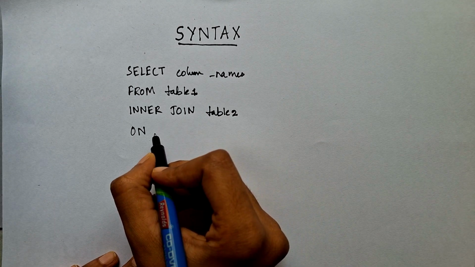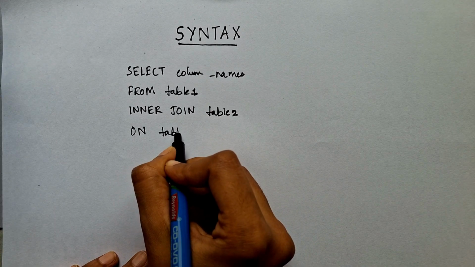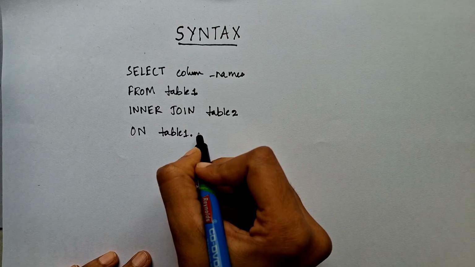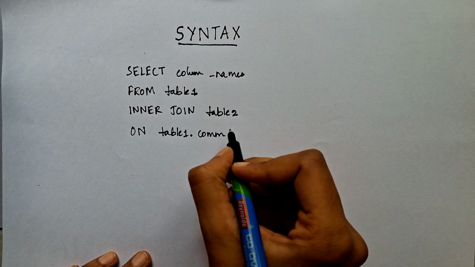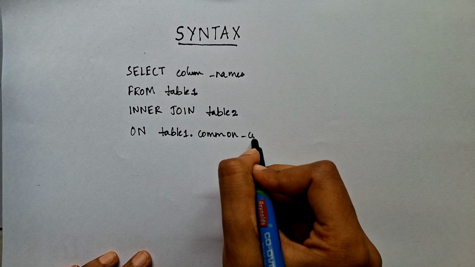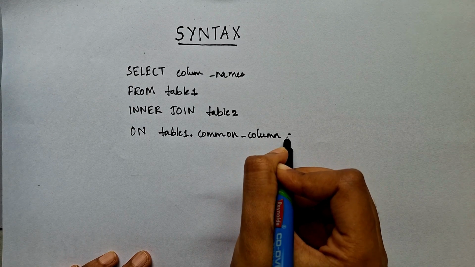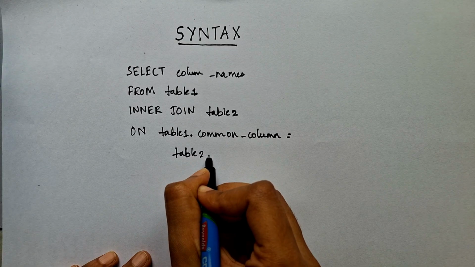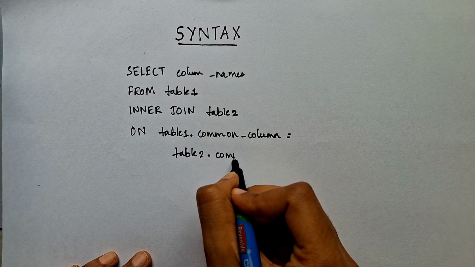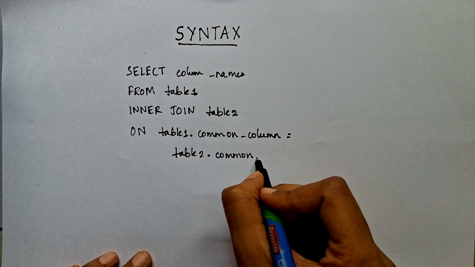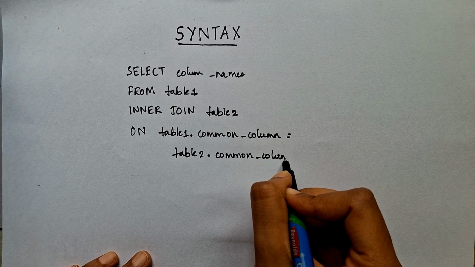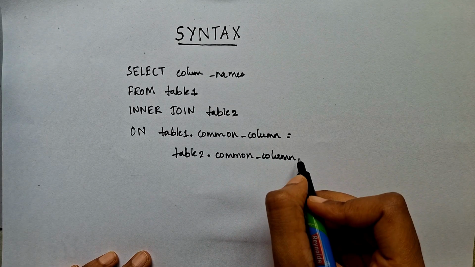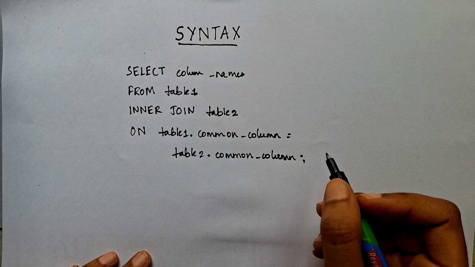So I write here on table 1 dot common column is equal to table 2 dot common column. And always end a query with semicolon.